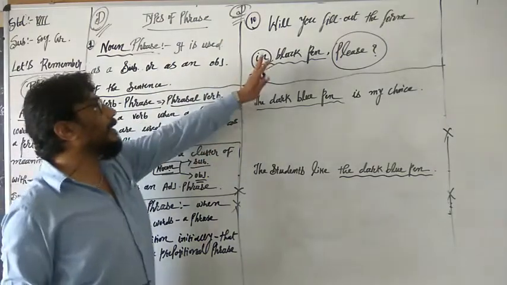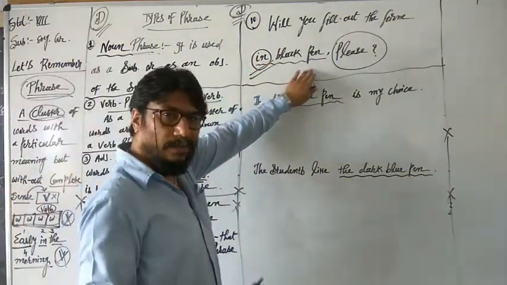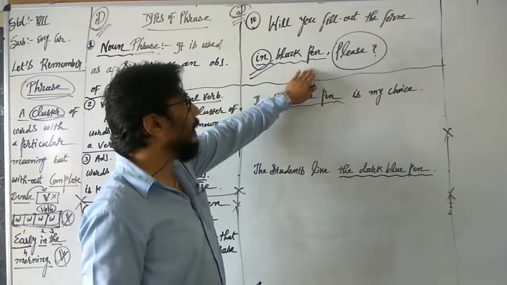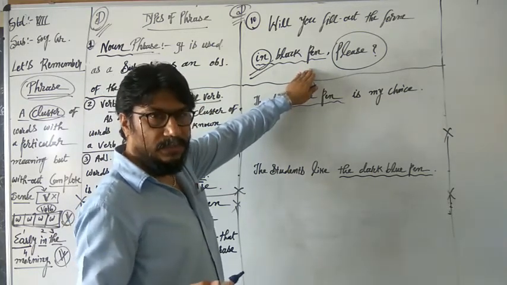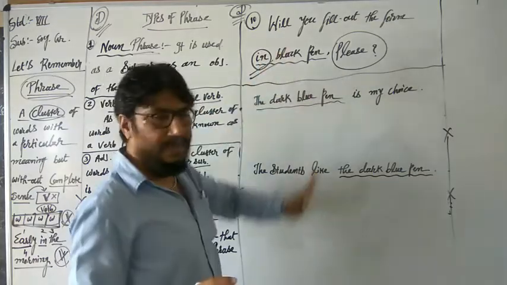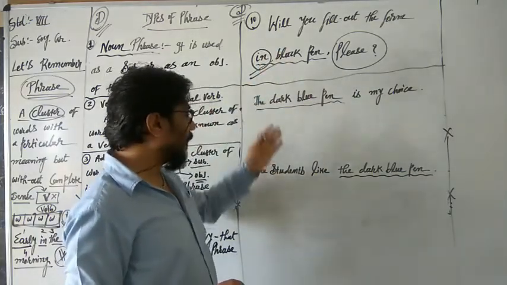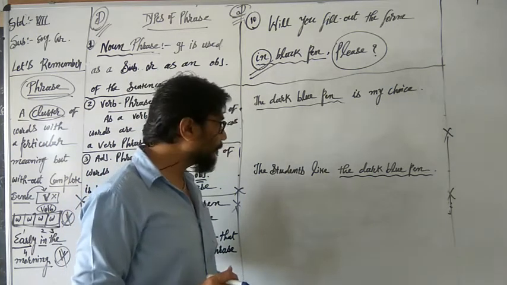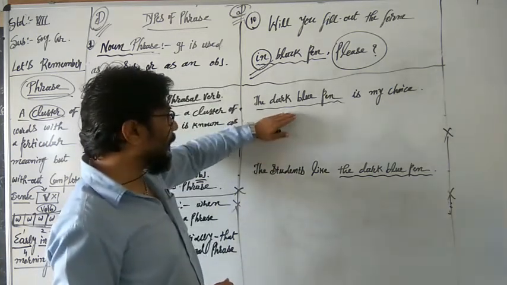Here we have completed all the 10 sentences. We have identified and underlined all the phrases. One more example I'll give you here. I have used here the dark blue pen.